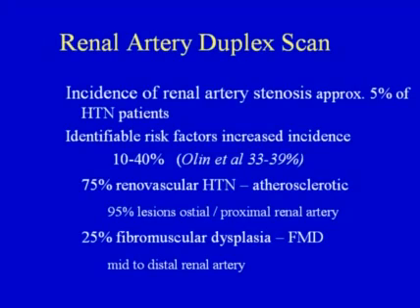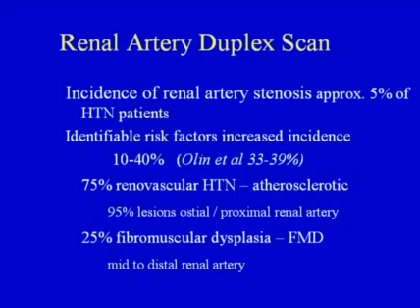Olin and others were the first to identify the association of other atherosclerotic disease with renal artery stenoses. So if a patient has carotid artery disease or iliac artery disease, they have an increased risk, 10 to 40%, of having a renal artery stenosis. Peripheral arterial disease, so basically your atherosclerotic patient.